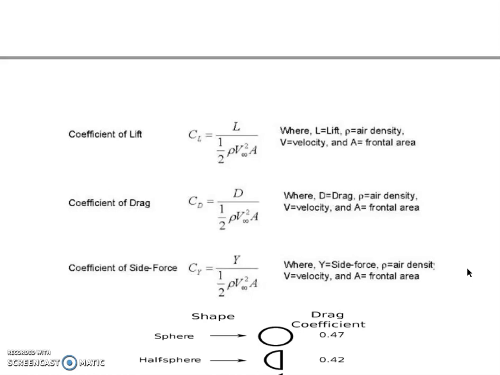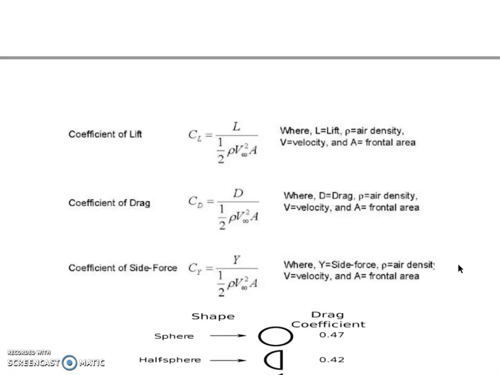Therefore, the equation of the drag should look like D equals half of rho CD V square A. D stands for drag, CD stands for coefficient of drag, rho stands for the air density, V stands for velocity, and A stands for the frontal area.